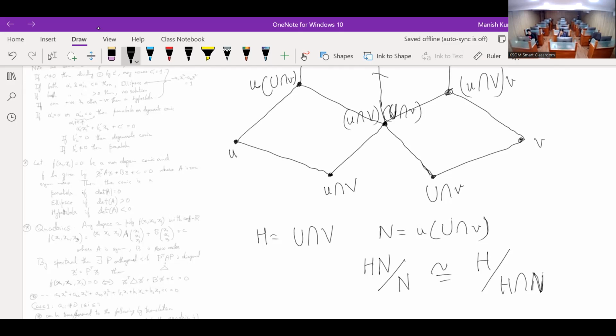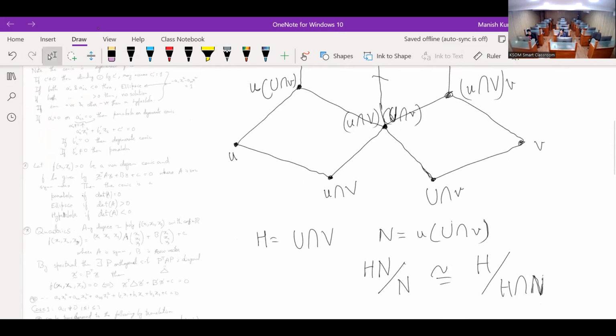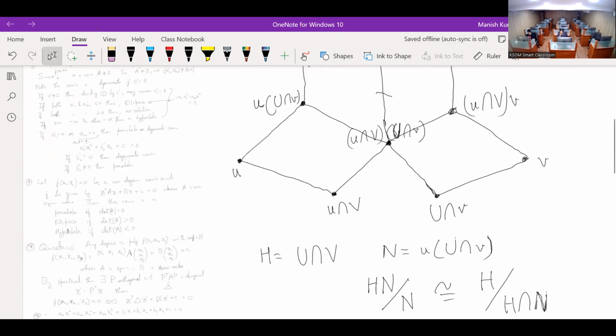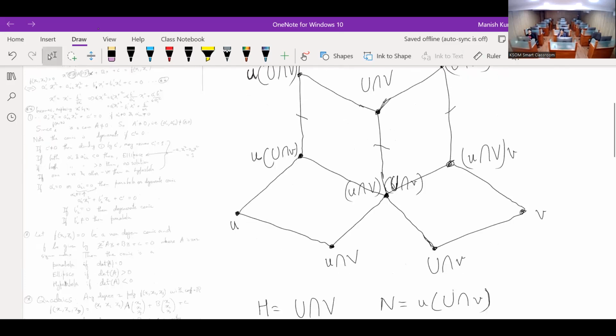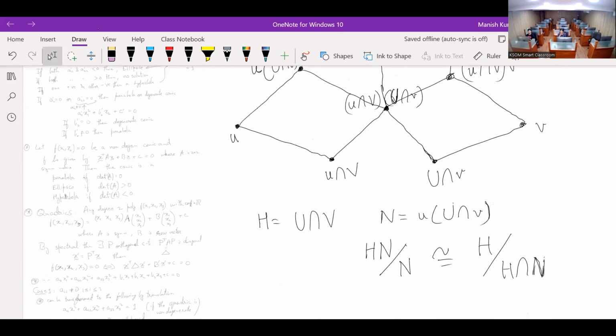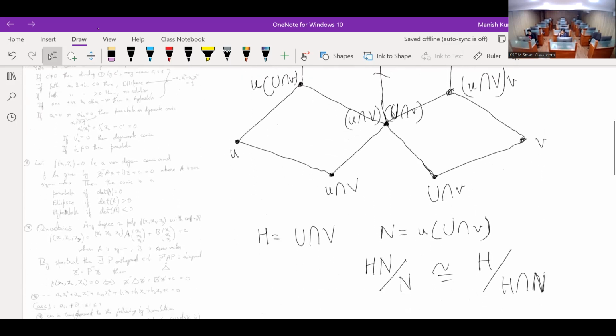Right. So we just have to verify that H times N is going to be this group. If I take H to be this, N to be this, and H. I mean, drawing this butterfly is just for remembering. So if I take H to be this, N to be this group, and then show that N is a normal subgroup of HN, and H intersection N is this group.